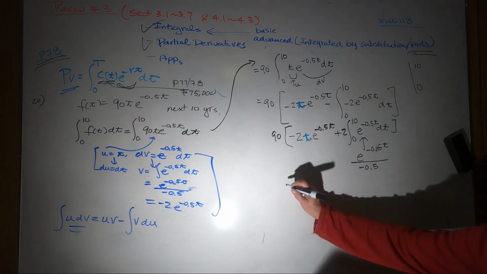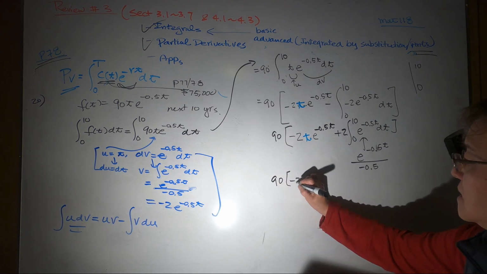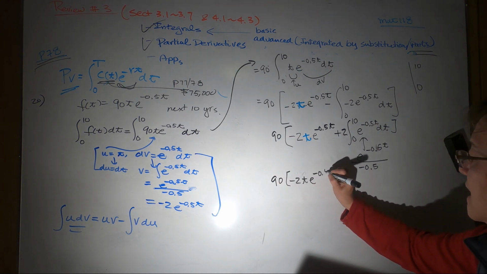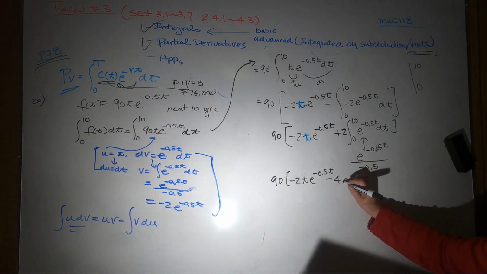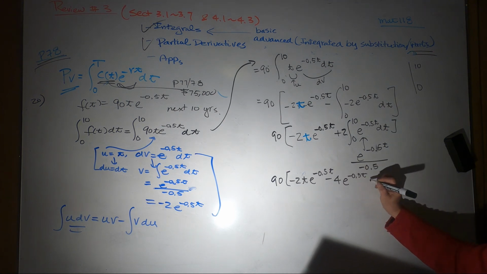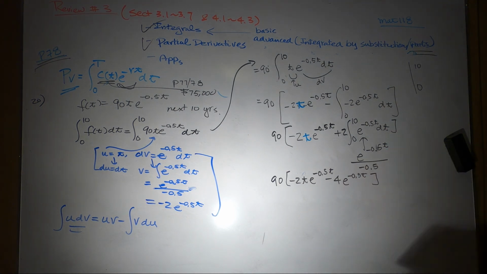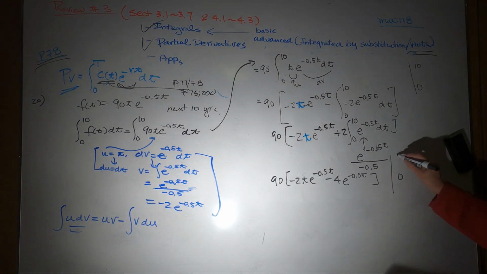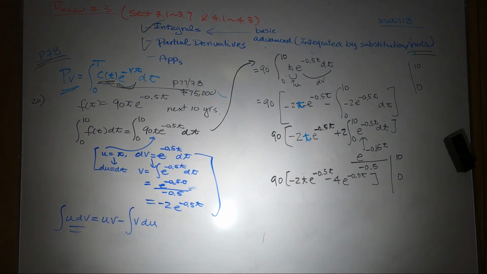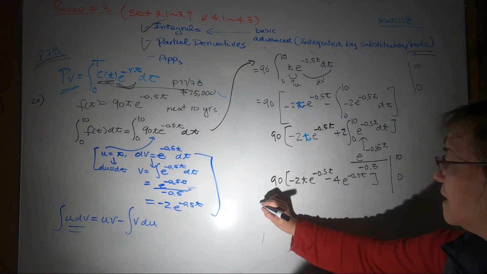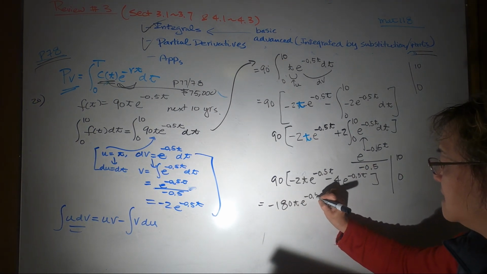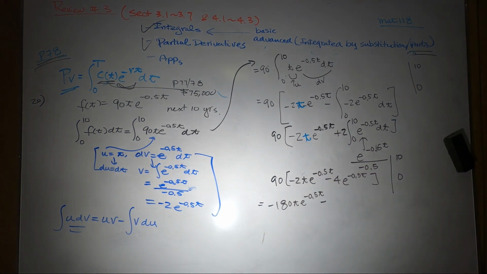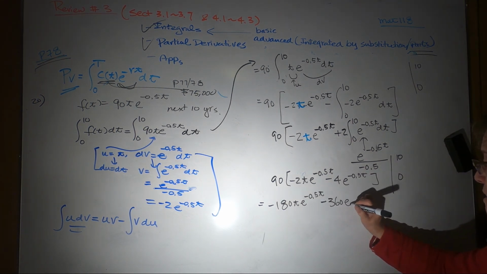So what do I have? I will have 90, negative 2t e to the negative 0.5t, and 2 divided by 0.5 would be minus 4 e to the negative 0.5t, right? That's the integral from 0 to 10. Is that right? So if I multiply them, I should have negative 180 t e to the negative 0.5t minus 360 e to the negative 0.5t.